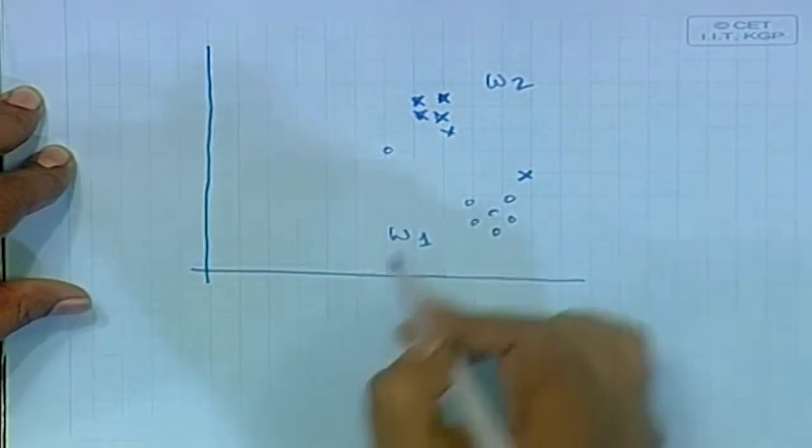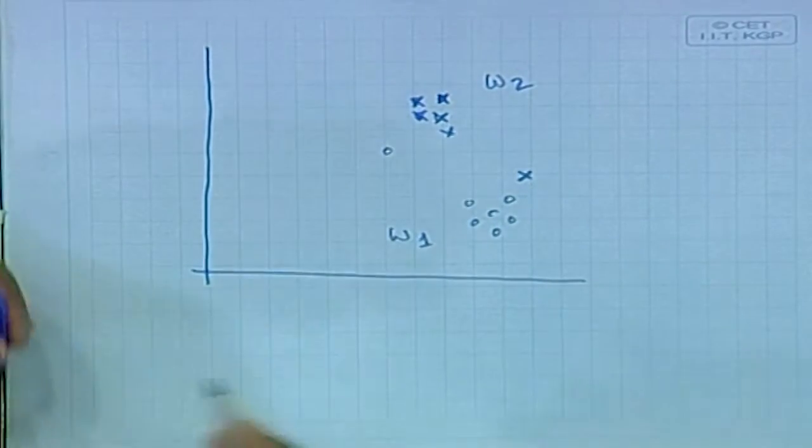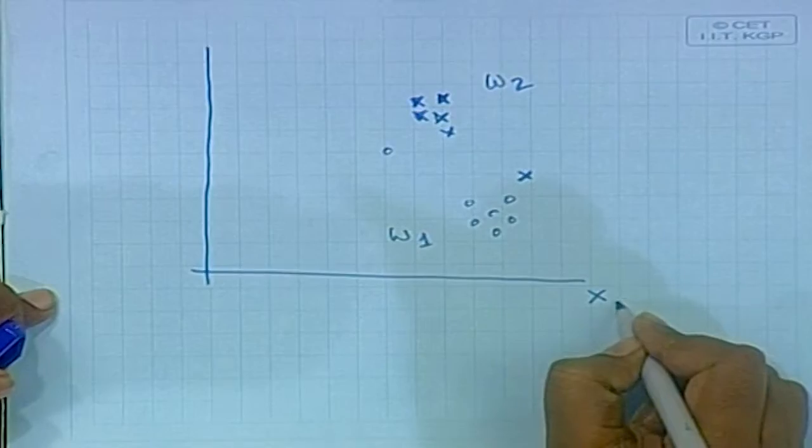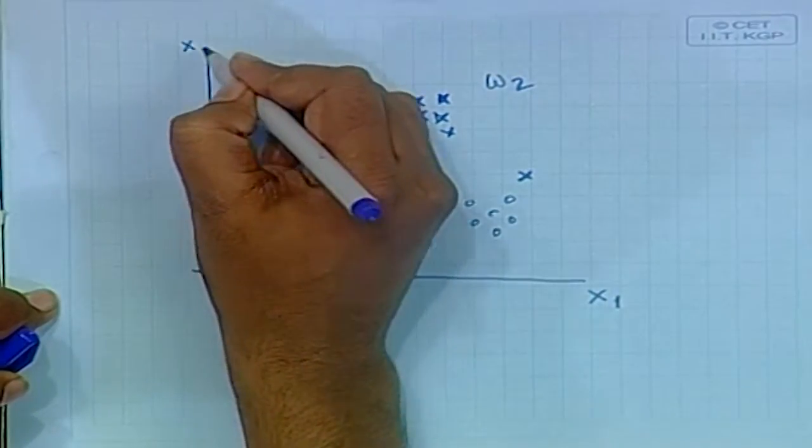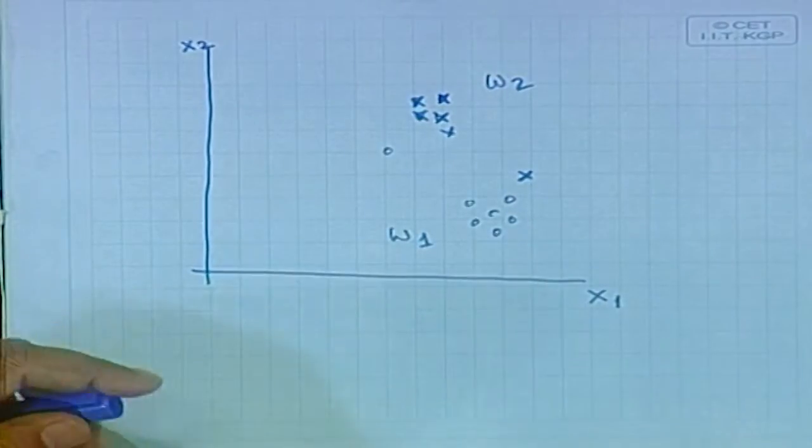Now, here you find that these are my two features x1 and x2. So, I have a two-dimensional feature vector.